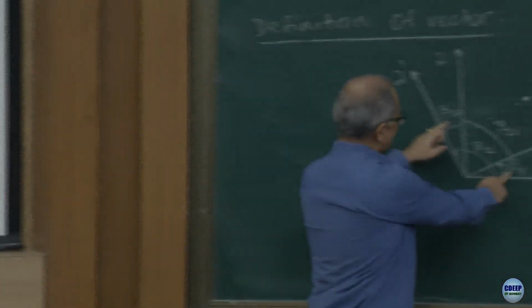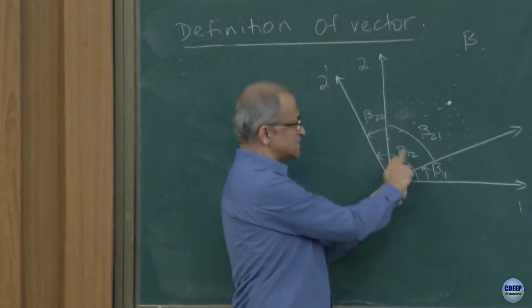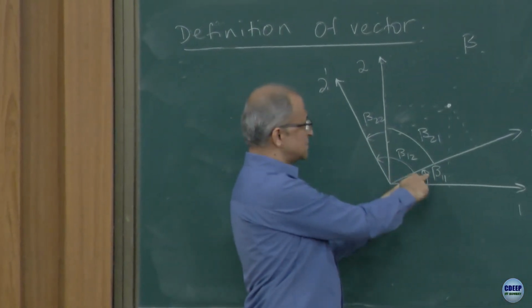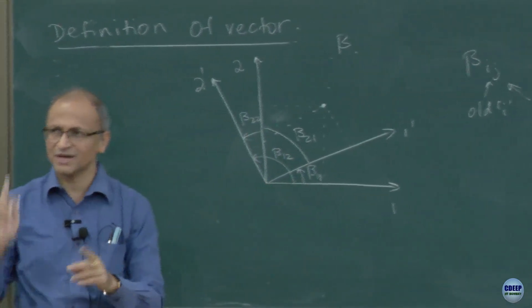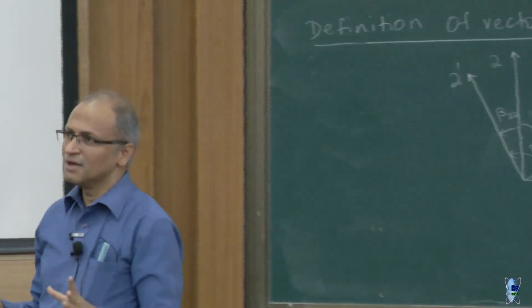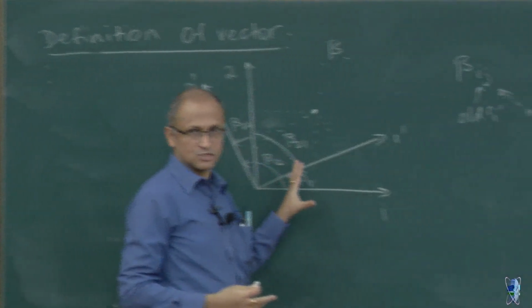Beta 1,2 is nothing but pi by 2 plus beta 1,1, and beta 2,1 is nothing but pi by 2 minus beta 1,1. So I only need one angle, everything else is known. But just think that I am doing not just a planar rotation, but a more complex rotation. I can rotate the axes one with respect to the other in whatever way I want, and then I would have a lot of angles and I would have to worry about them. So keeping that in mind, we are using this more complex notation.